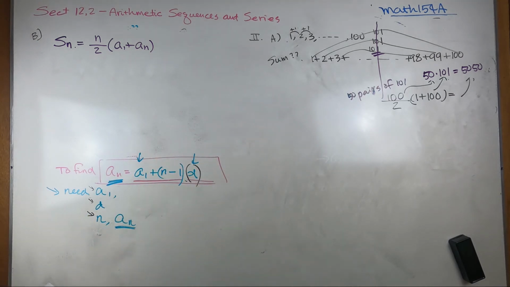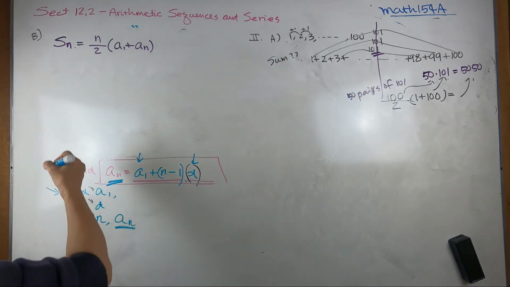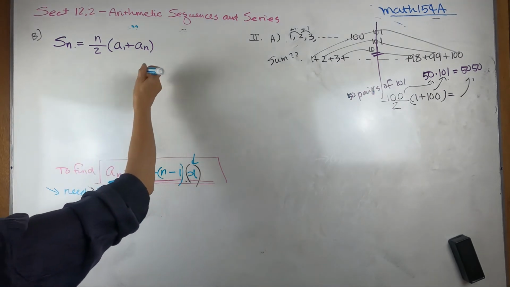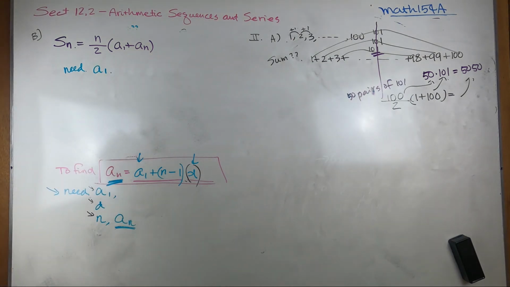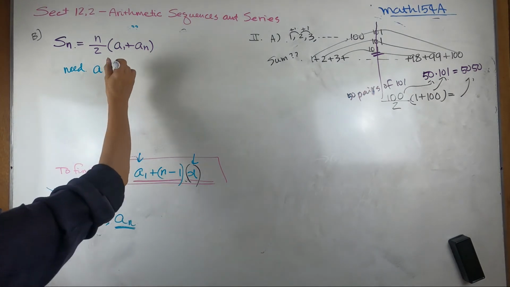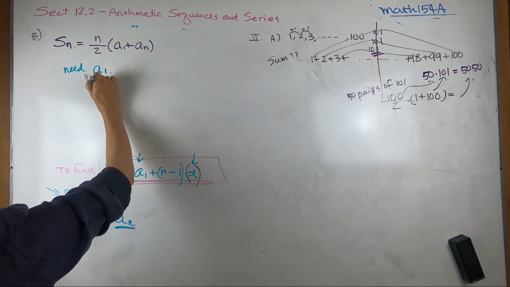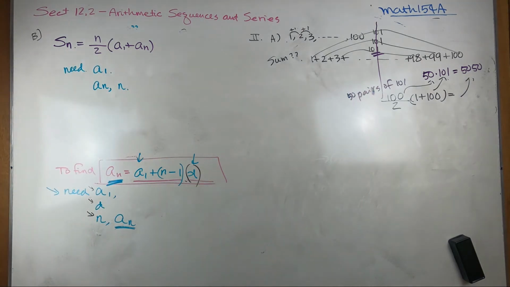We just let you see the examples to develop this formula. So to find Sn, what do we need? You need the first term and the last term, and we need n to be able to find Sn.